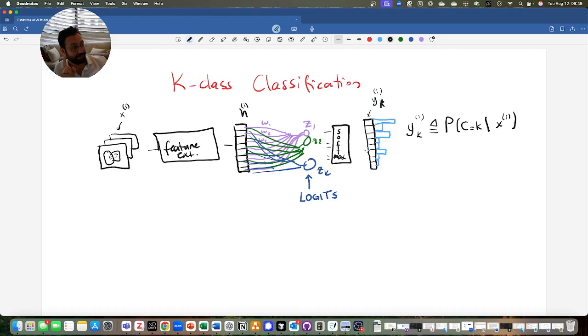But the other usage, mostly in generative AI, is that you do not directly take the maximum when you're predicting, say, the next token in a sentence. You sample from this distribution.